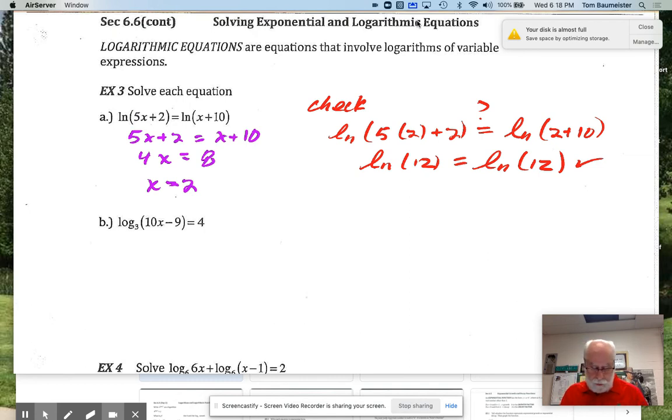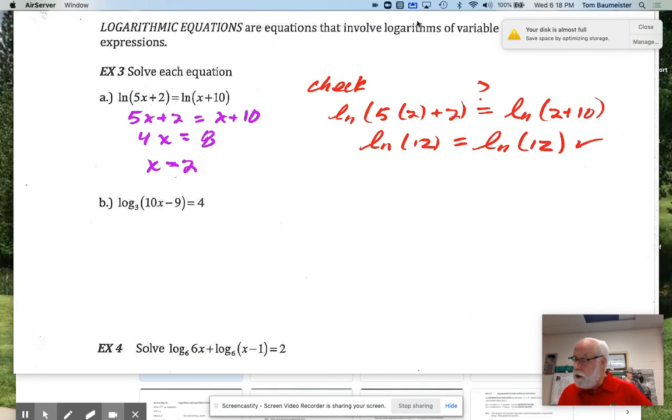All right, let's see on this one here now. Remember, when I have a log, you have to start thinking to yourself again, let's put it into exponential form. So think, this base raised to this power equals this. Because again, I have to kind of get rid of that log.